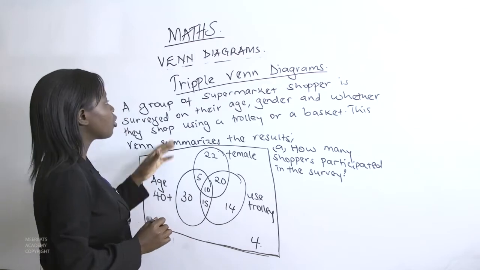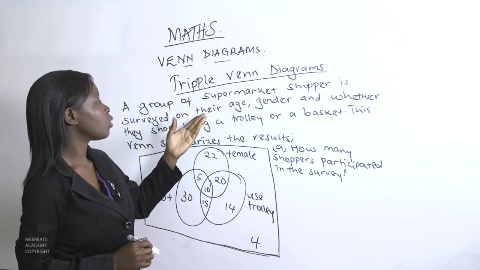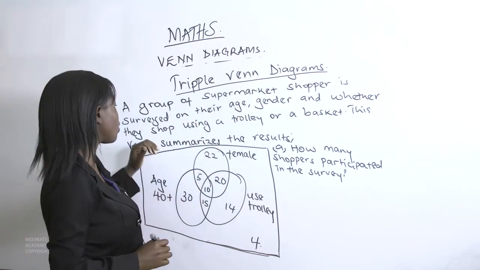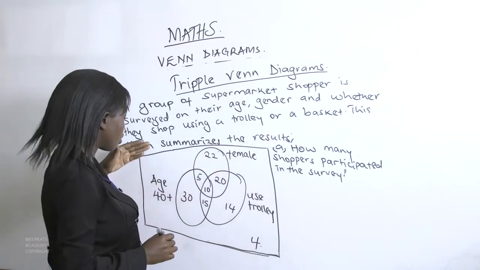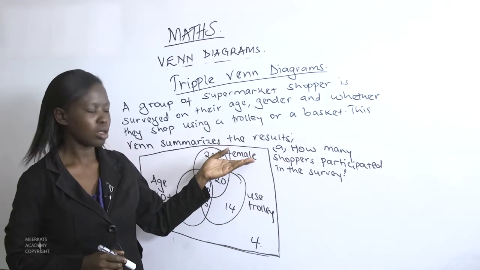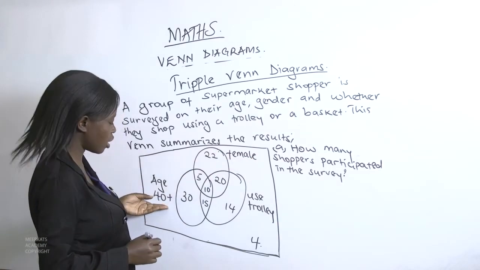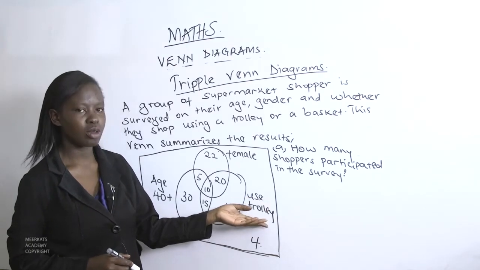So we have a group of supermarket shopper who is surveyed on their age, gender, and whether they shop using a trolley or a basket. So the Venn diagram is summarizing everything. We have female, we have age 40 years and above, then we have those who use the trolley.